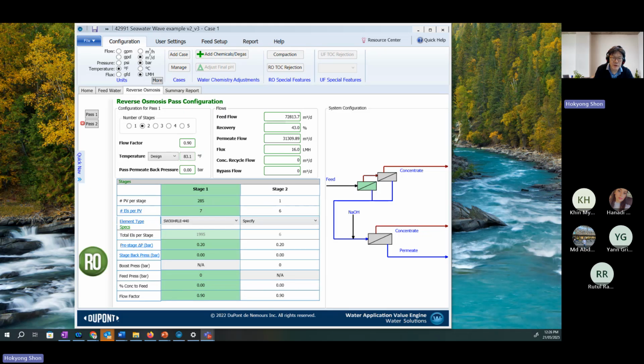So you can draw based on your design. Whatever design you like to do, whether ultrafiltration pre-treatment or dual media filtration, you can design your process diagram, and then you can have a specific design one by one based on your diagram.